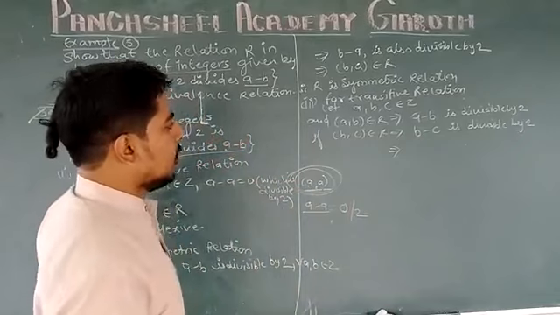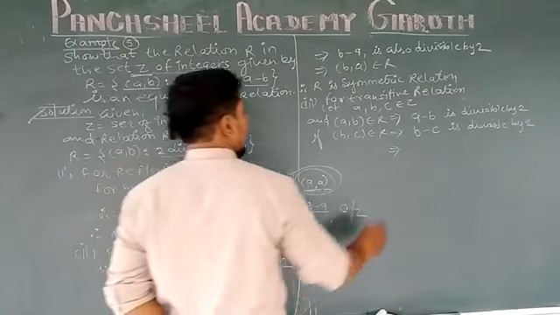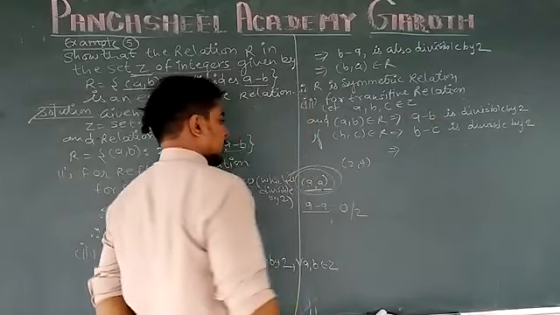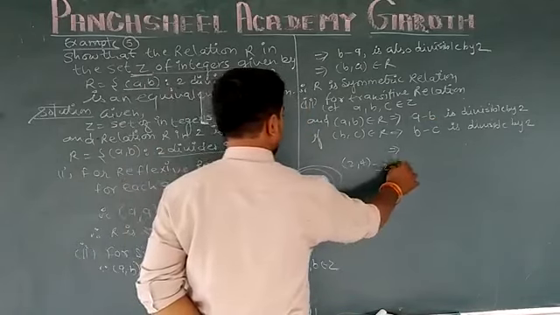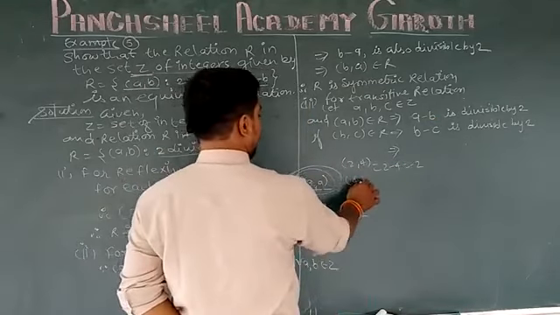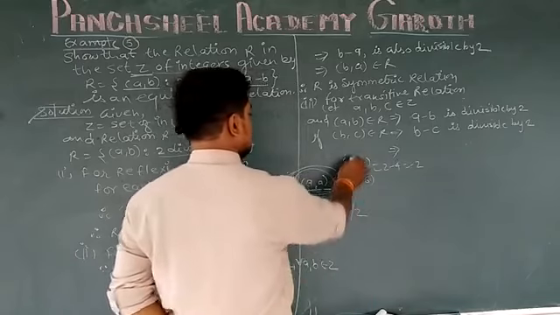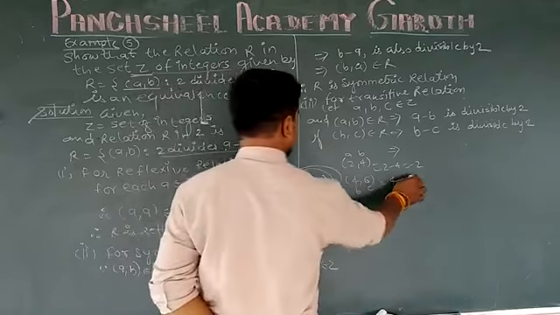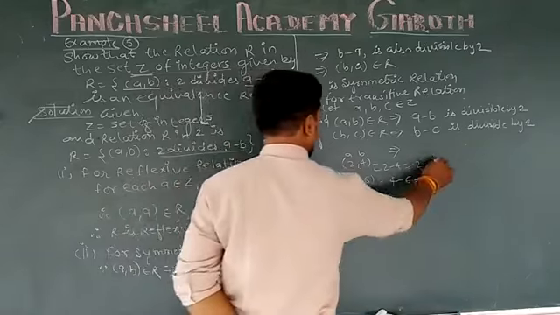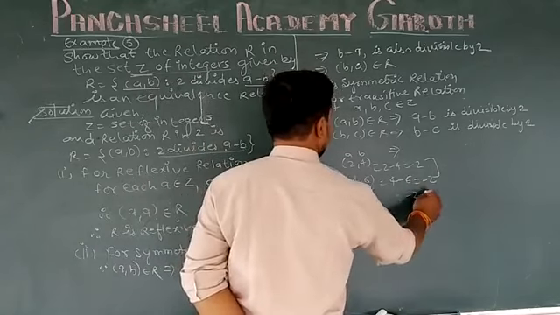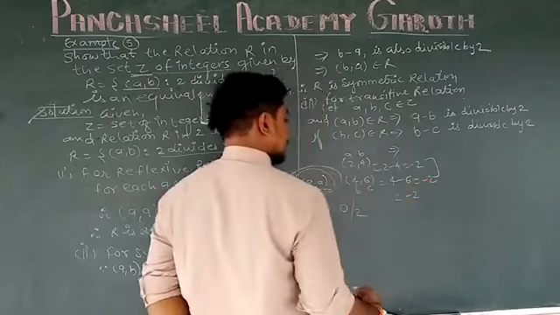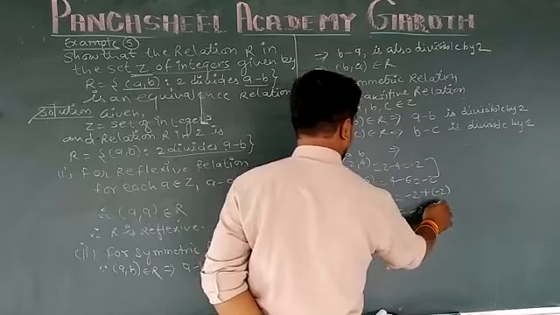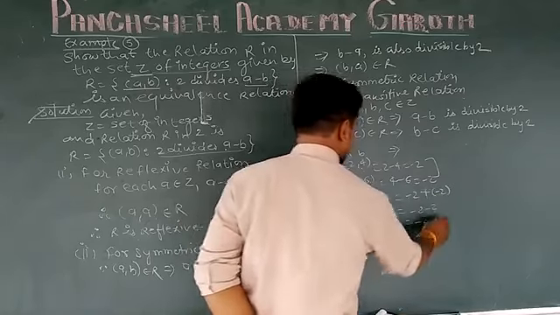By taking an example, a minus b is divisible by 2: take 2, 4 and 6 as a, b, c. For 2 and 4, 2 minus 4 is minus 2. For 4 and 6, 4 minus 6 is minus 2. If we add both the numbers, minus 2 and minus 2, it is equal to minus 4, and it is also divisible by 2.